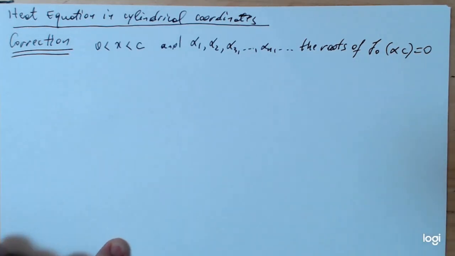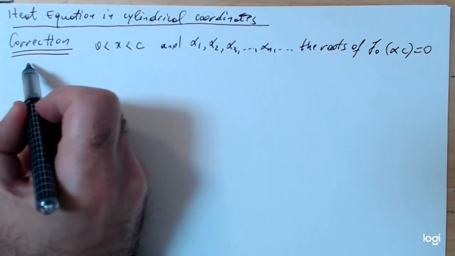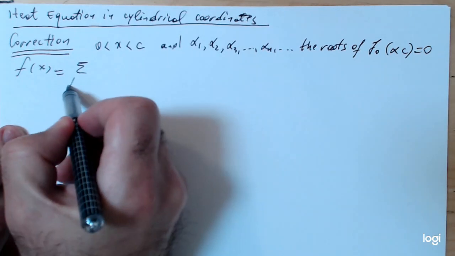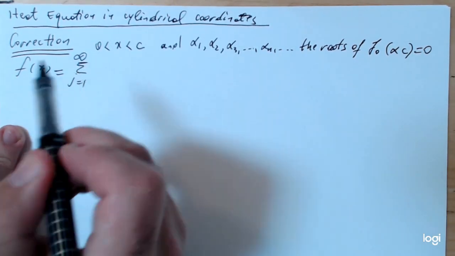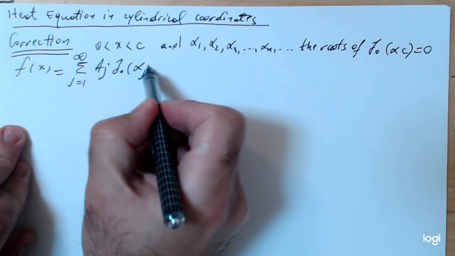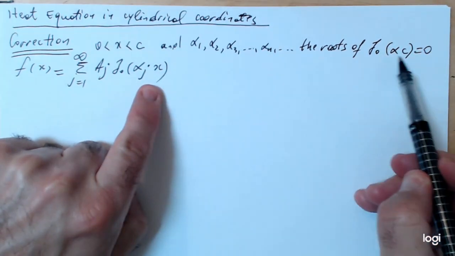So with that in mind, if alpha 1, alpha 2, alpha n, and so on are the roots of this equation, then if you have a function which is piecewise continuous, you can represent it in terms of what we call a Fourier-Bessel series in terms of these Bessel functions. Pay attention here closely.